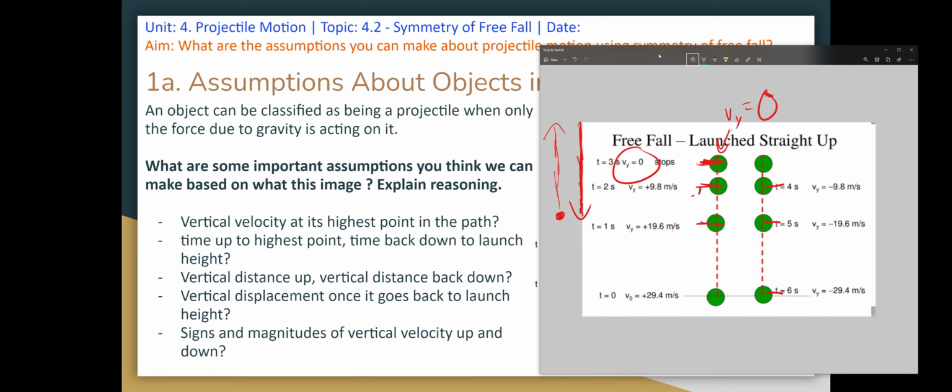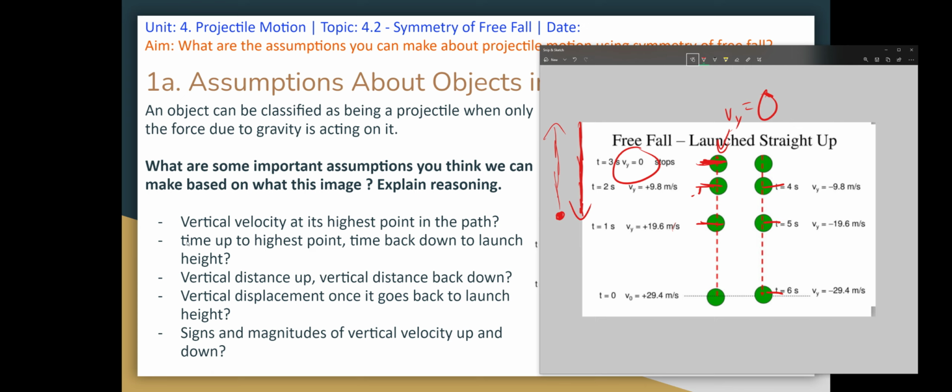But right immediately afterwards, the ball starts going back in the opposite direction, speeding up. The takeaway here is that at my max height, the ball briefly stops for a split second, and its velocity at its highest point is 0. You can assume it's 0 at its highest point.